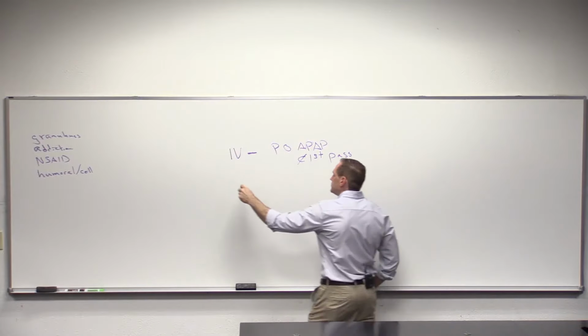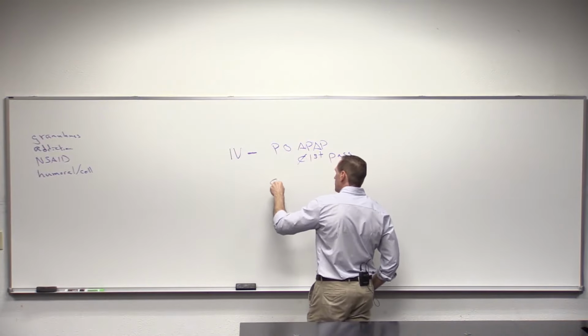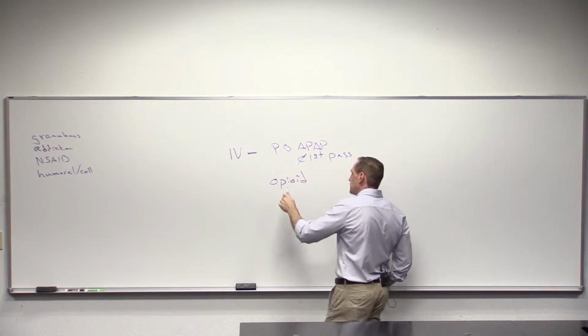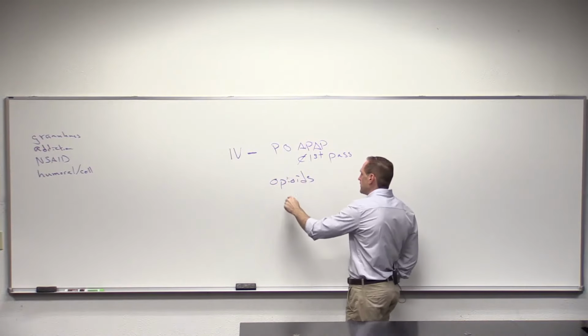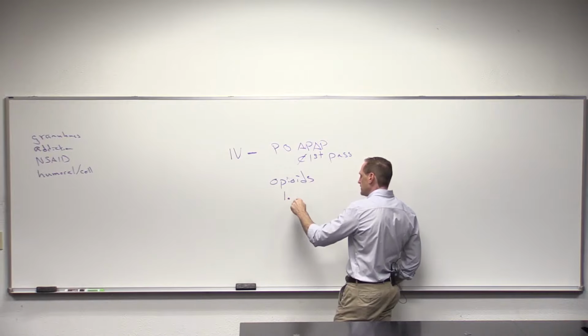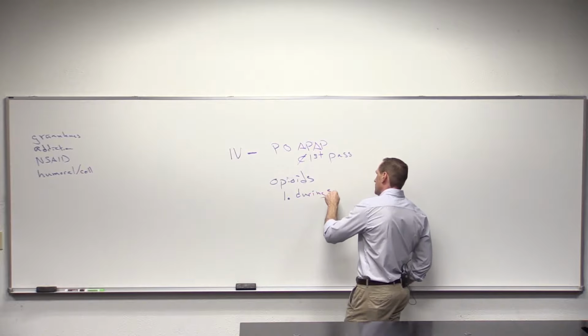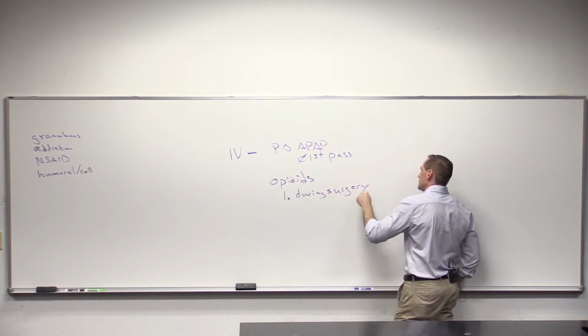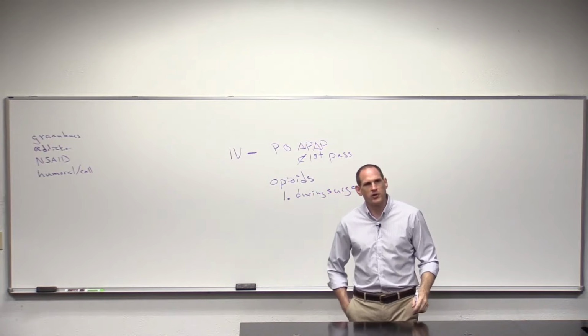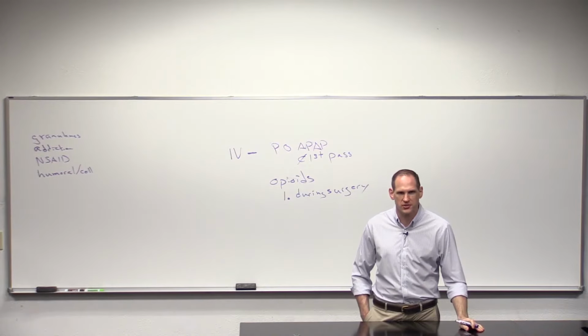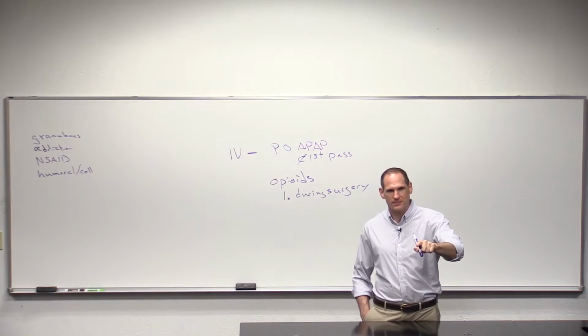Now, when compared to opioids, there are several reasons why we can do that. The very first one is that you can use it during surgery. Now, sometimes students will say, well, you can use it during surgery. Well, yeah, you can also use opioids during surgery too, but what's the issue?